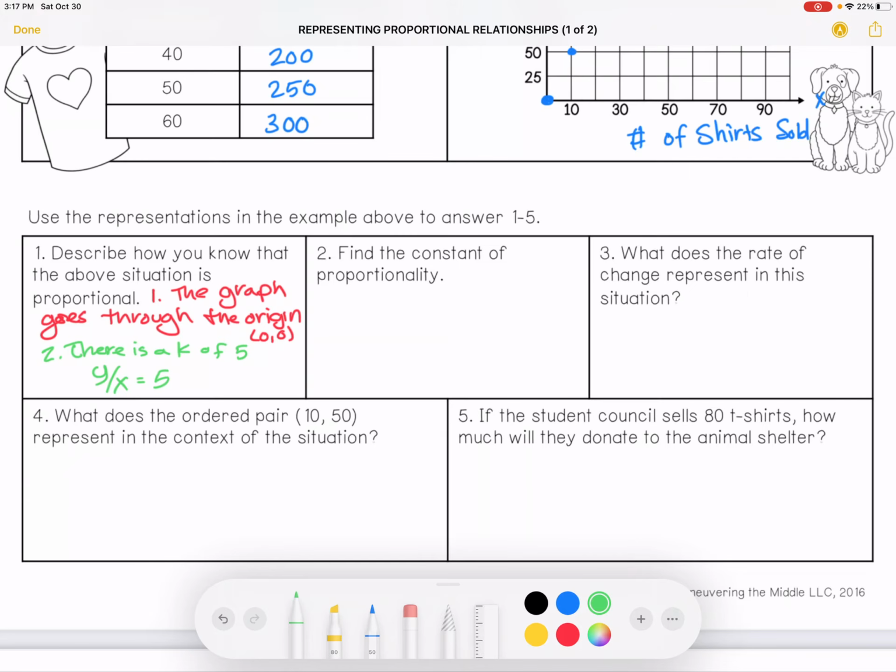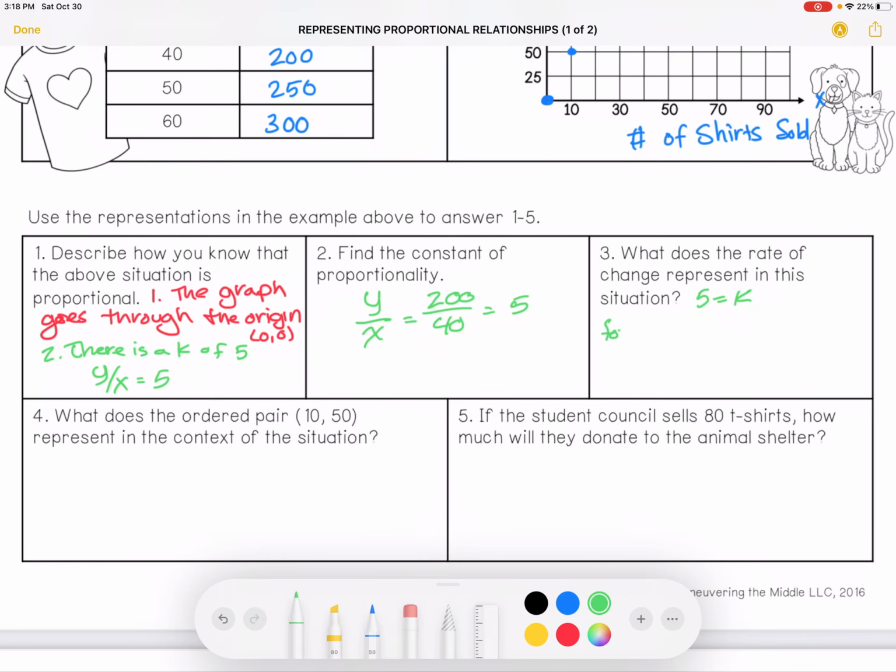So in number 2, where it says find the constant of proportionality, we know that y divided by x could equal anything, like, let's do the 200 divided by 40. That equals 5. Okay, what does the rate of change represent in this situation? Well, the rate of change is $5, and that's just the same as our K. So 5 equals K equals the rate of change.